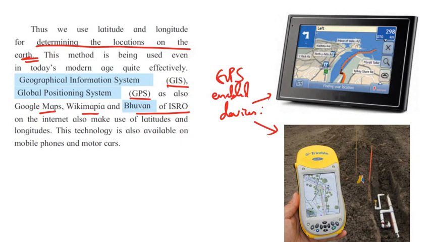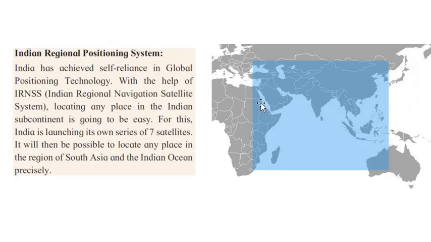Fine. Now in this case, our India has also developed its own positioning system. This is known as IRNSS, Indian Regional Navigation Satellite System. And so our country has achieved self-reliance in global positioning with the help of IRNSS, locating any place in the Indian subcontinent.